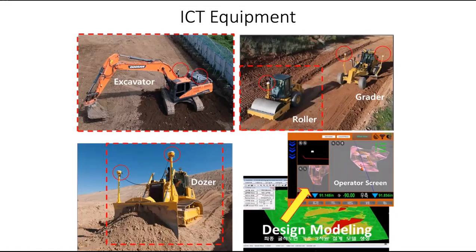What's the difference between the manufacturing industry and the construction industry? The problem with the construction industry is that we always have to produce new products, so automation is really difficult.